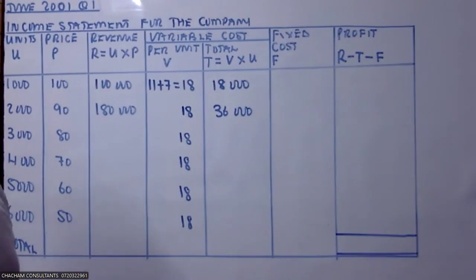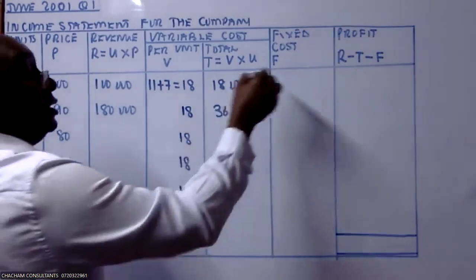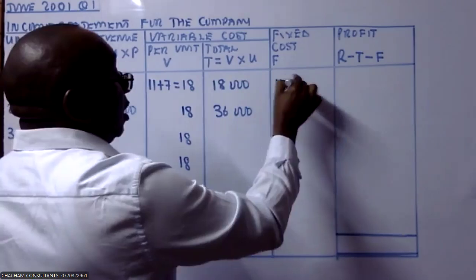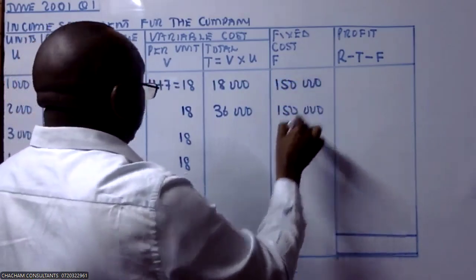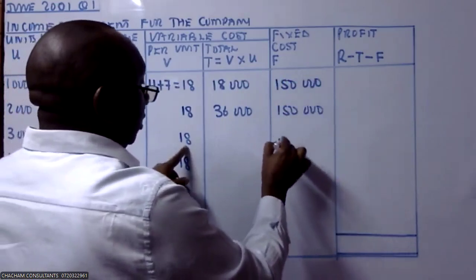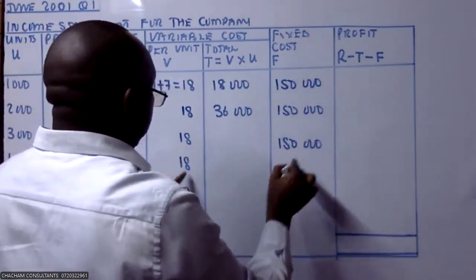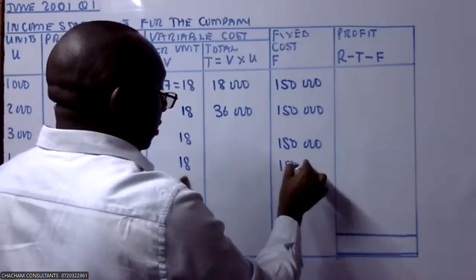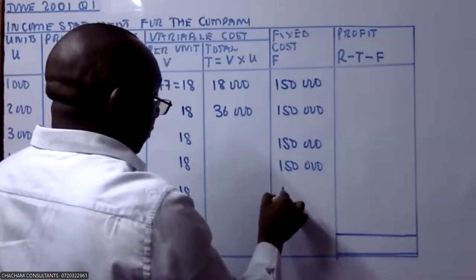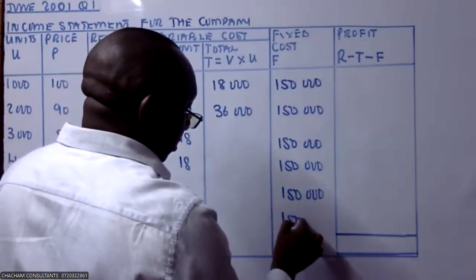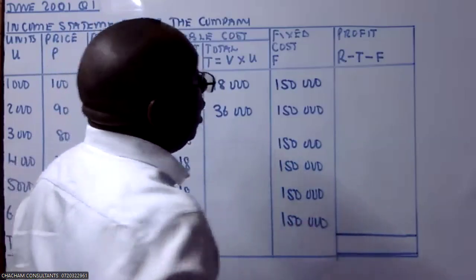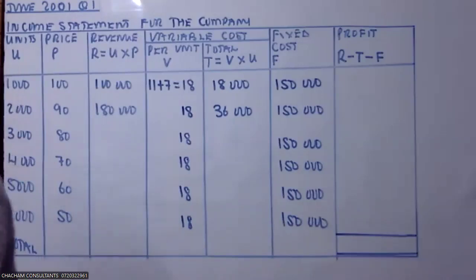The fixed cost now you add the 60 and the 90 so that you work with 150,000.